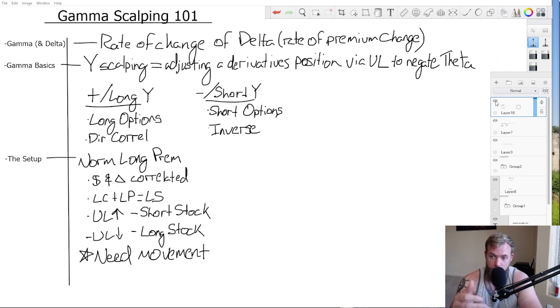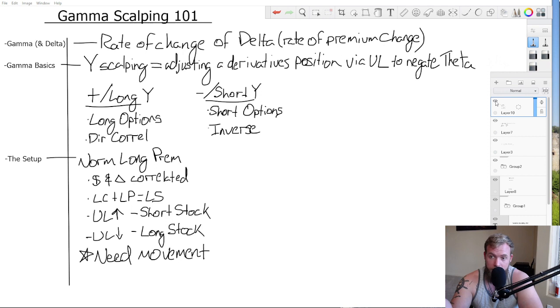So as soon as your deltas start to get outside of whatever range you have set to keep it delta neutral, as soon as it hits that, then you would add short stock. And the idea here is that if it continues up, then your underlying options position would still continue to profit in excess of the added short stock.